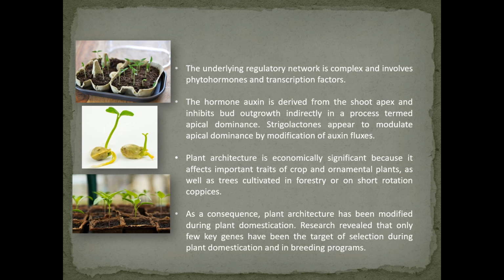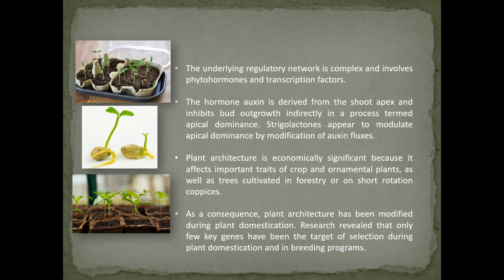The hormone auxin is derived from the shoot apex. It inhibits bud growth directly, in a process termed apical dominance. The hormone strigolactone appears to modulate apical dominance by modification of auxin flux.